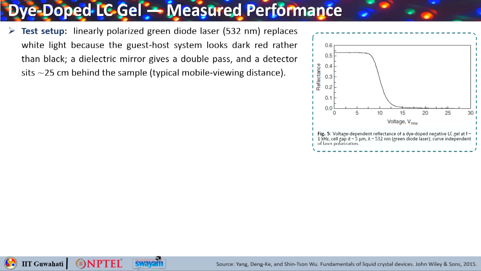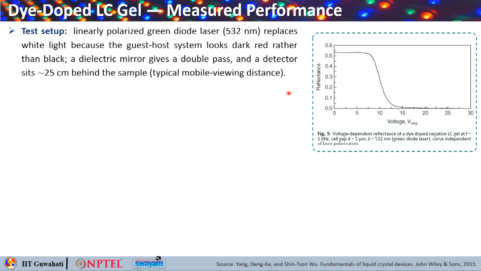So this figure shows the voltage dependent reflectance of a dye doped negative liquid crystal gel, which is driven at 1 kilohertz frequency, and the cell gap is considered to be 5 micron. Lambda is that of the green diode laser, 532 nanometer, which is being used, and you see the curve is independent of the laser polarization. So what do you make out of this?